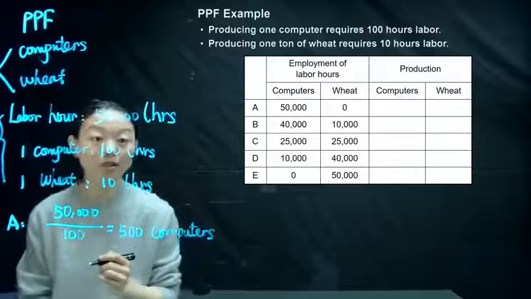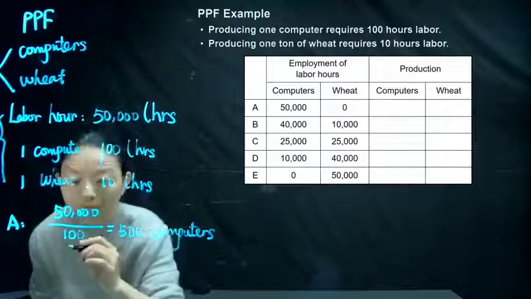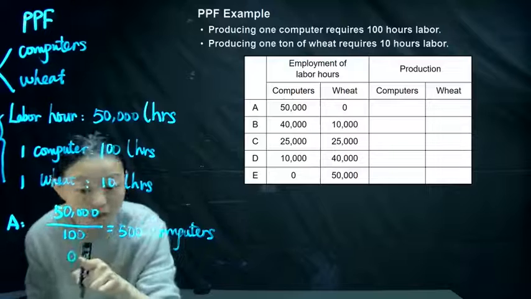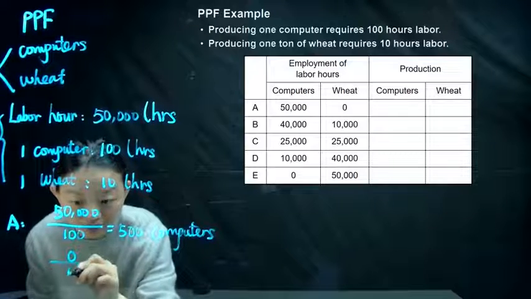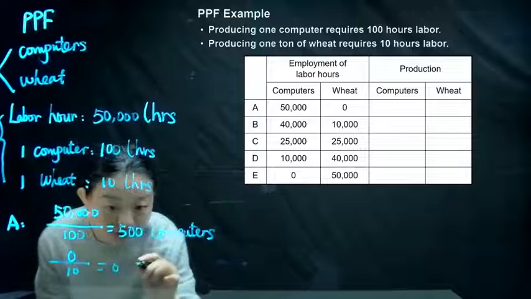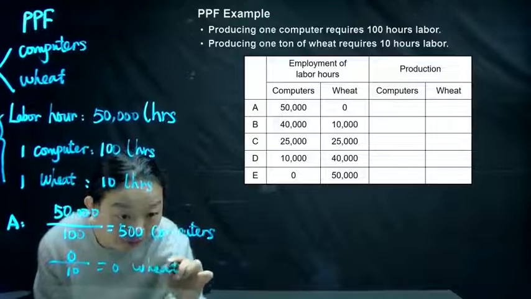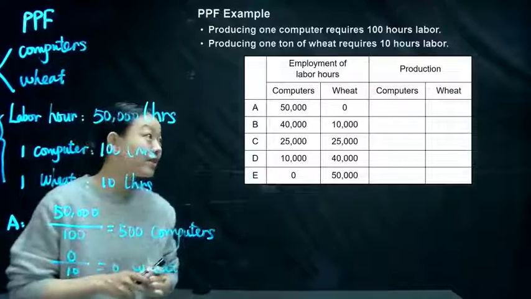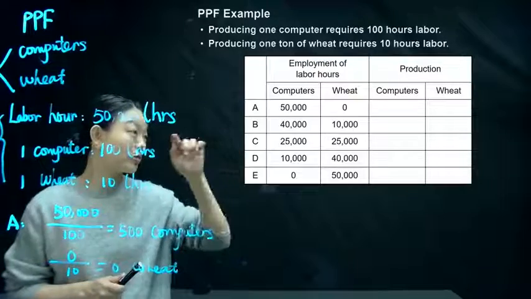And how many tons of wheat will be produced? None, because there are no labor hours spent in wheat production. Divided by 10, so 0 tons of wheat. So you can just put 500 and 0 in the first row.